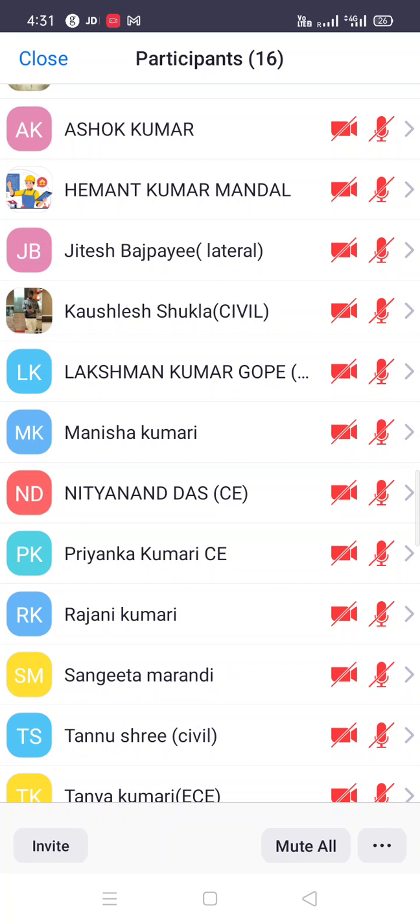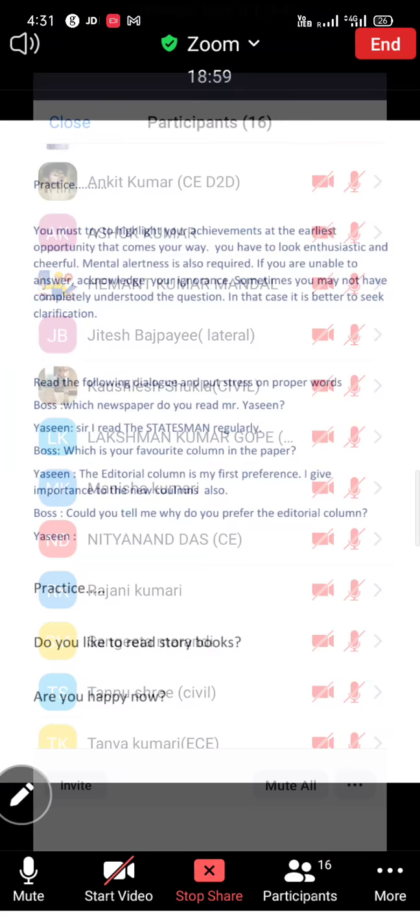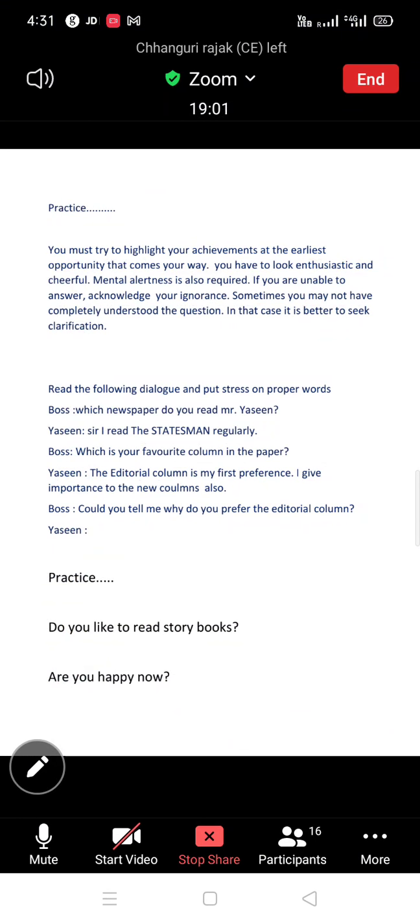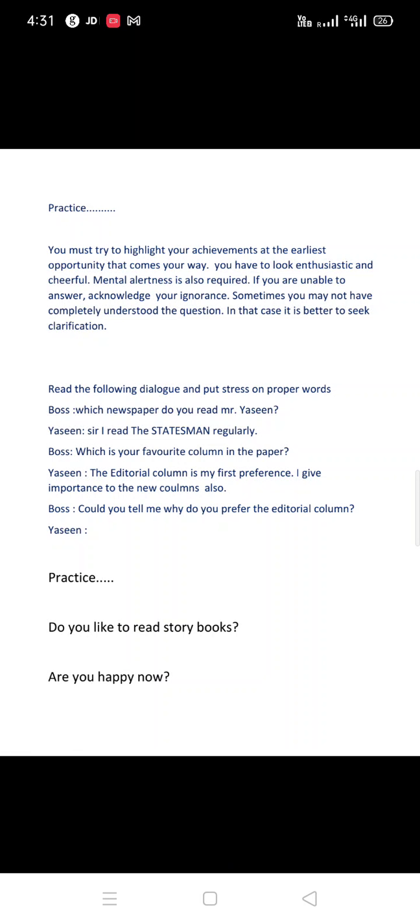Okay, Priyanka is there. Priyanka? Yes, ma'am. Okay, Priyanka, read this passage, the first passage starting with "You must try to highlight." You have to read this passage and put stress on proper words.